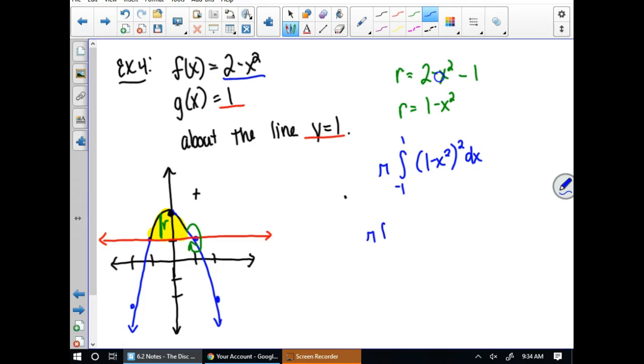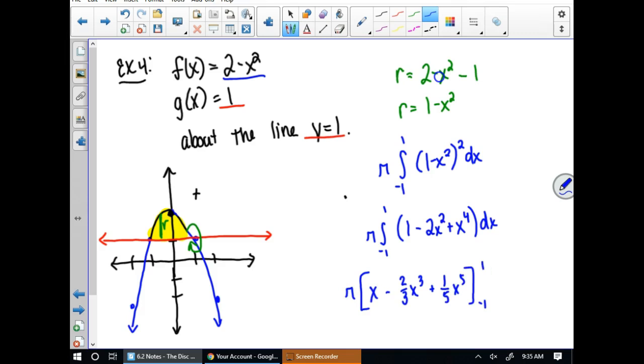So we have pi times the integral from -1 to 1 of 1 minus 2x squared plus x to the 4th, if we multiply that out. Okay, and then we're going to integrate, so the pi will stay out here. We'll have x minus 2/3 x to the 3rd plus 1/5 x to the 5th, and we'll evaluate that from -1 to 1.